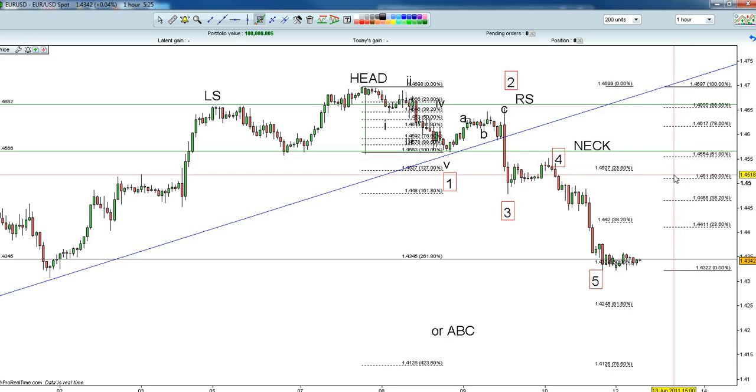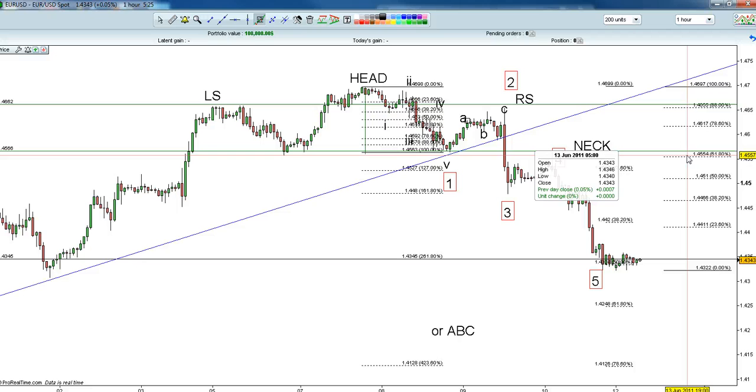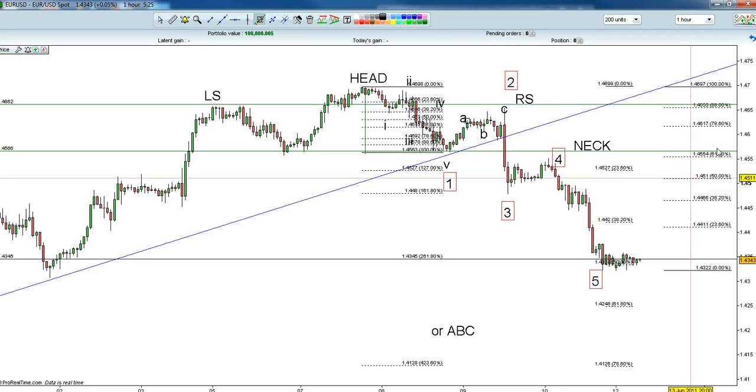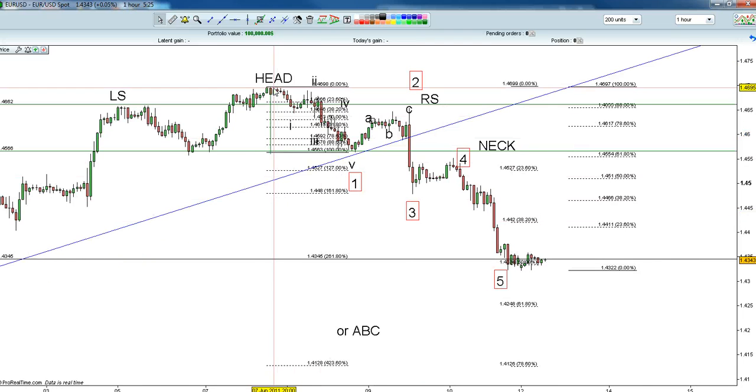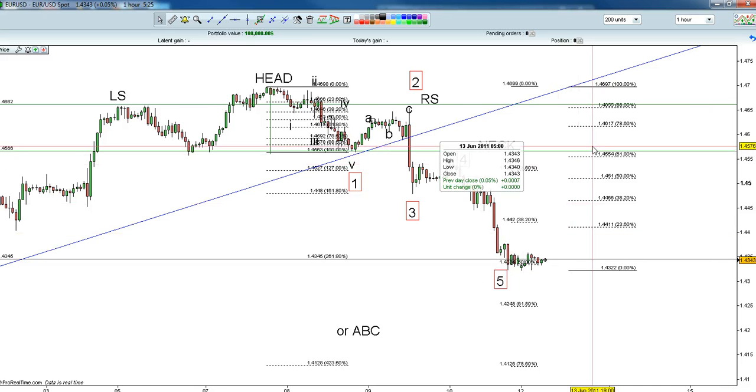So this area between 50 and 61.8% is going to be a good target area for the bounce when we get the bounce. When we get to that level, we'll then reevaluate the speed that it's taken to get to that level. Could take all week. The down move was 1, 2, 3 days. The up move could well be 3 days, and then we'll evaluate it around this sort of level here.